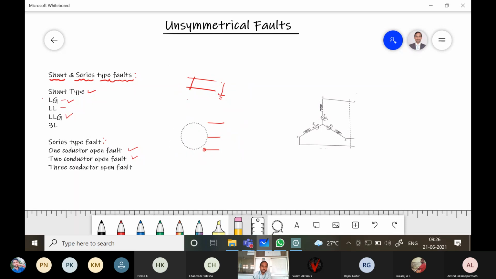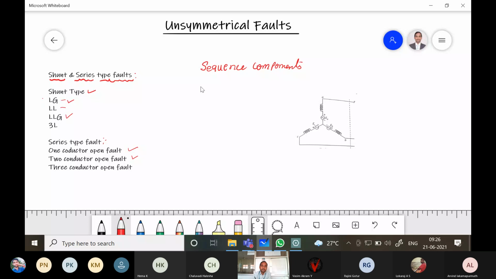Now we have several derivations to find the sequence parameters. In unsymmetrical fault analysis, how do we analyze the system? The fault currents can be calculated by means of symmetrical components, that is, sequence components.